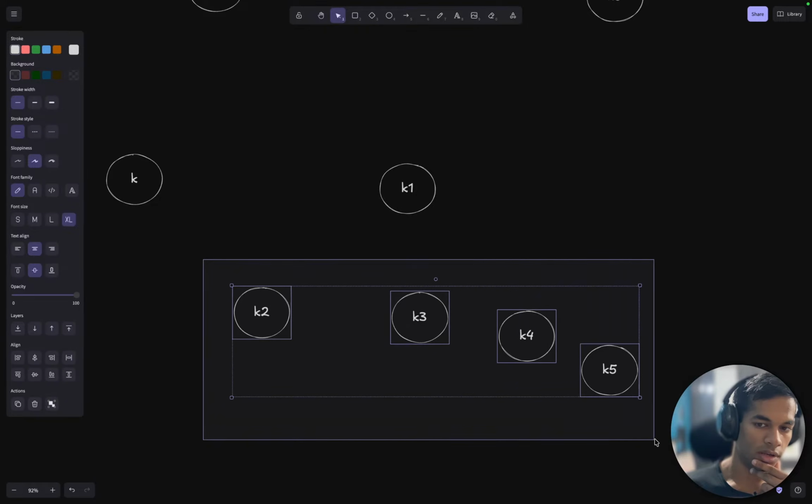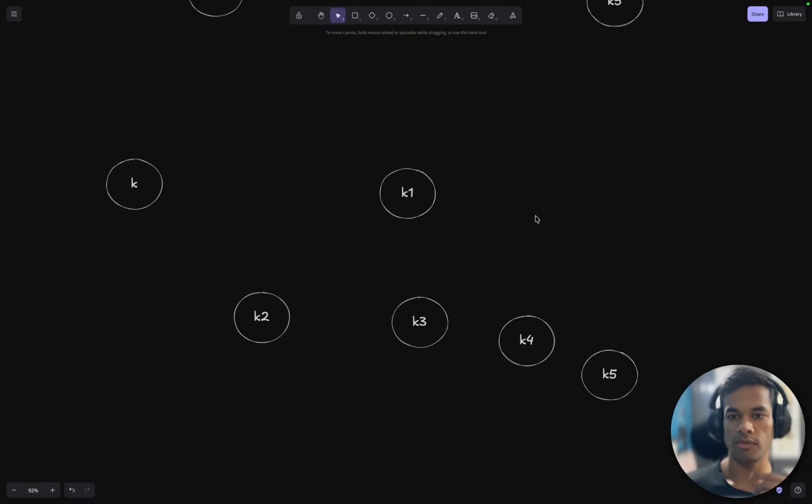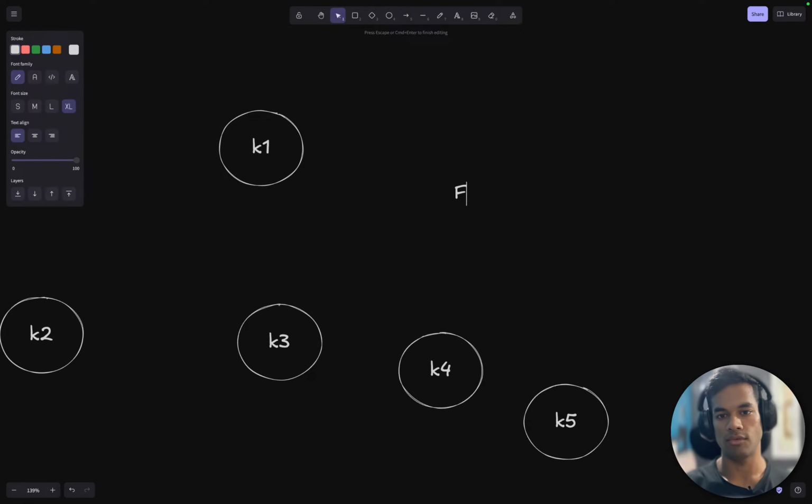Or before that we should write a function. Let's say we have a function f which takes in the list of all the keys and returns the expected cost for all of them.